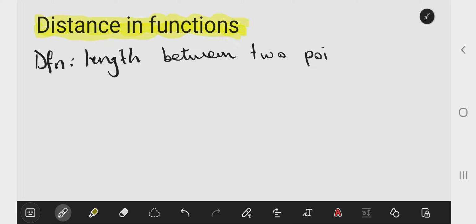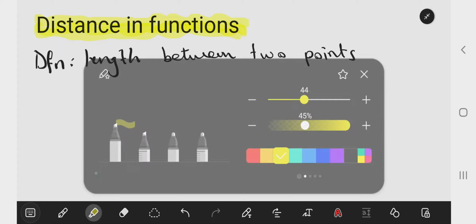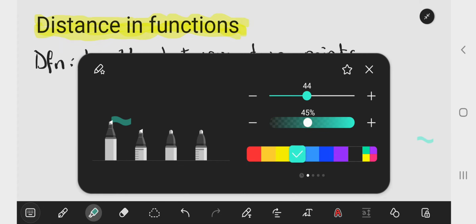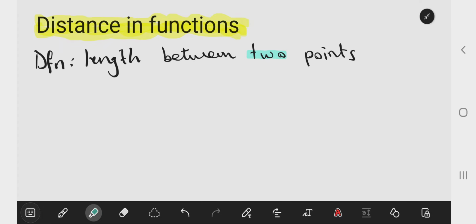Okay, so lento le iyasinikeza i-idea ukuthi if i-length between 2 points, for ukuthi ukhona uku-calculate i-distance kumele at least ube nama-points ayi-2, right? So it is the length between 2 points, and then ama-points la ku-maths kahle kahle nasiwa-identify or nasiwabhala kanjani.